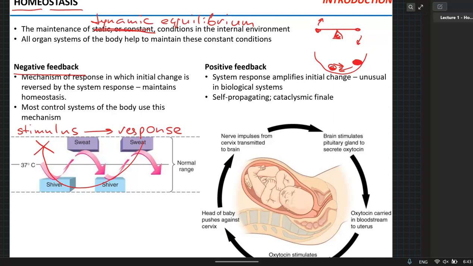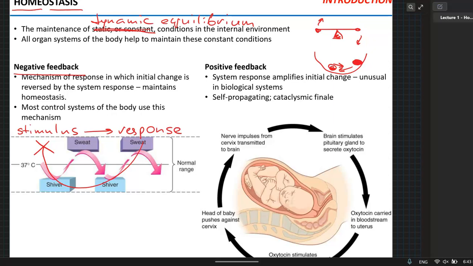Regulation of body temperature is the classic example. When you are hot, you're sweating, sweat evaporates, your body cools down. When you're cold, you're shivering, muscle contraction during shivering releases energy and your body temperature goes up. Makes sense, right?